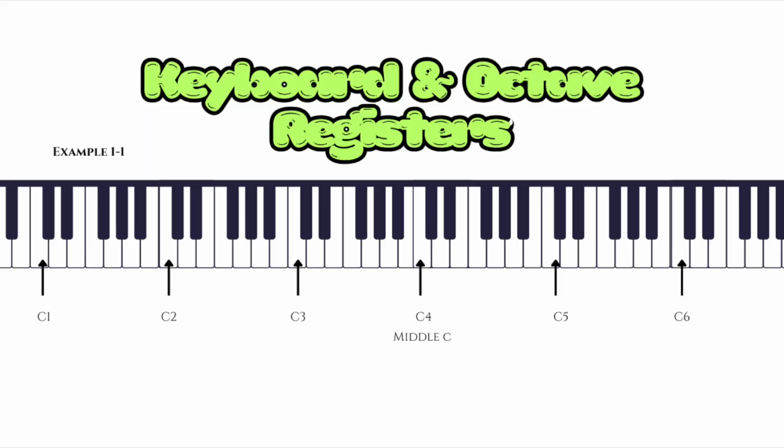Also note that an octave is the distance between a note and its same note 8 notes above. For example, if I start at middle C, which is C4, and then I go up 8 notes, including that C: C4, D4, E4, F4, G4, A4, B4, C5.